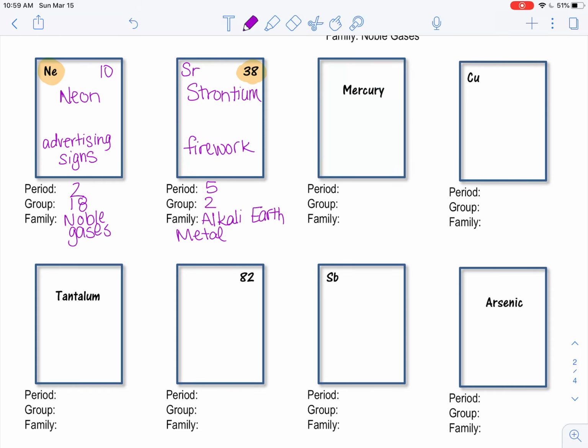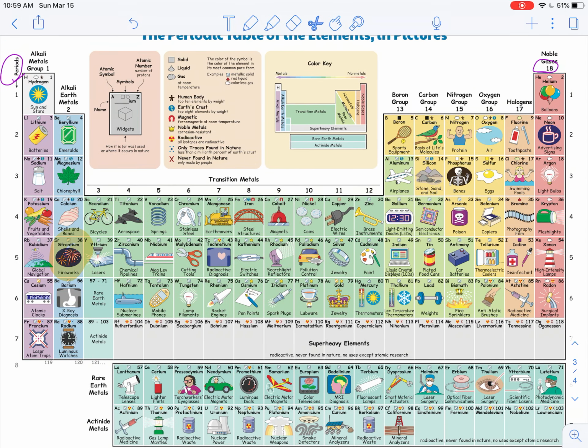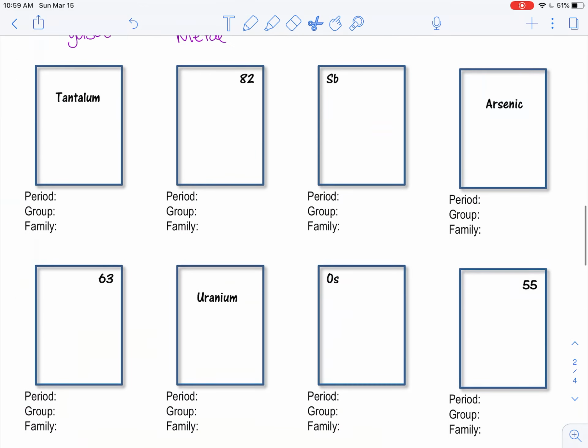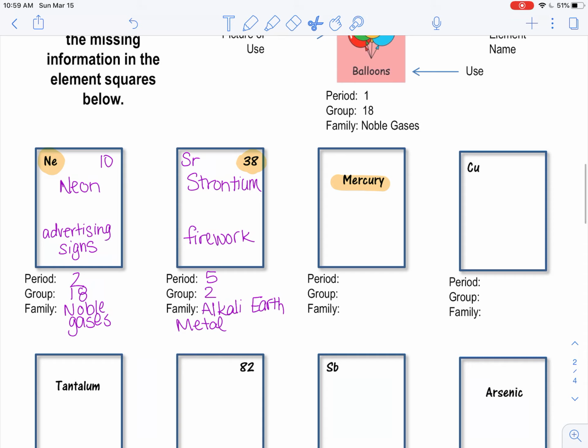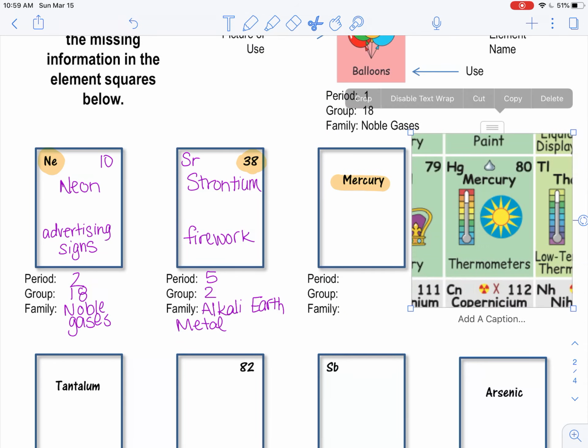All right, let's get rid of that picture. Next up is mercury. Come on down here, and I remember from before when we were looking at it, mercury is down here. So we'll bring mercury up. Alrighty, we have the name. We need the abbreviation or the symbol, which in this case is Hg.